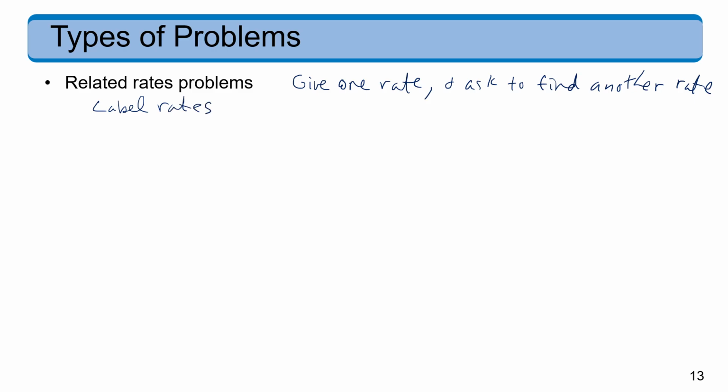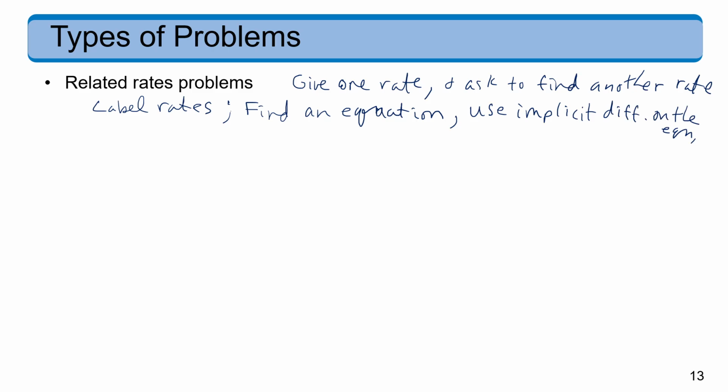And then you have to find an equation that's like your starting point. So you need to find an equation that relates the 2 variables that are involved. And then you need to use implicit differentiation on that equation. Okay, and then there's some more to it, but those are some of the key steps involved in that method.